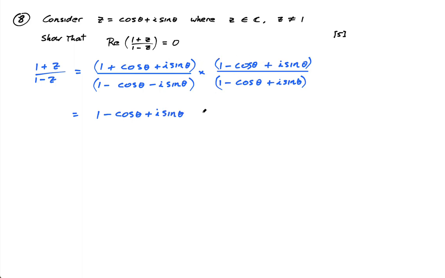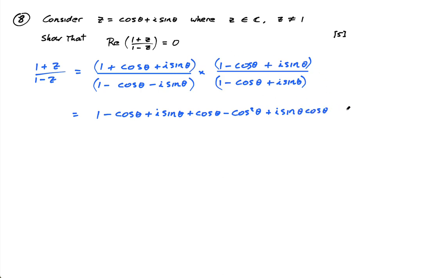Now I do minus cos theta times all of this. So I do plus cos theta minus cos squared theta, and then plus i sine theta cos theta.